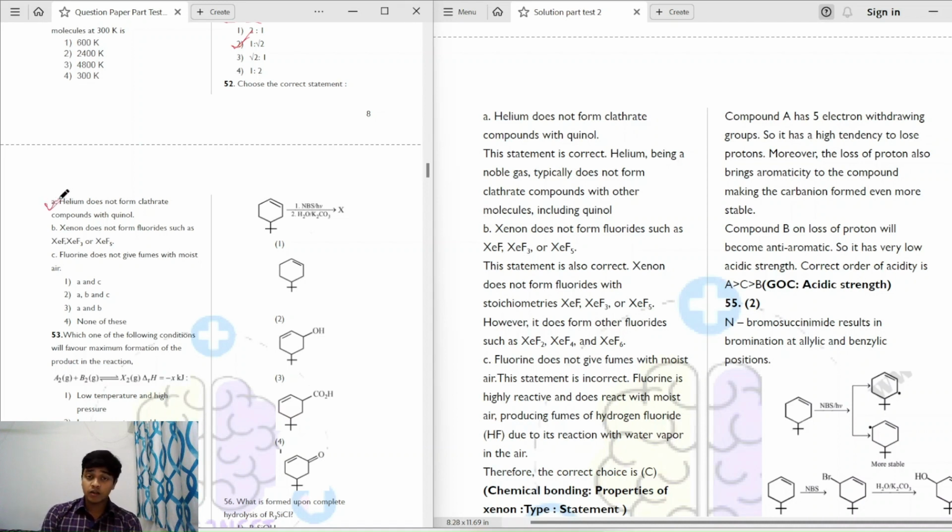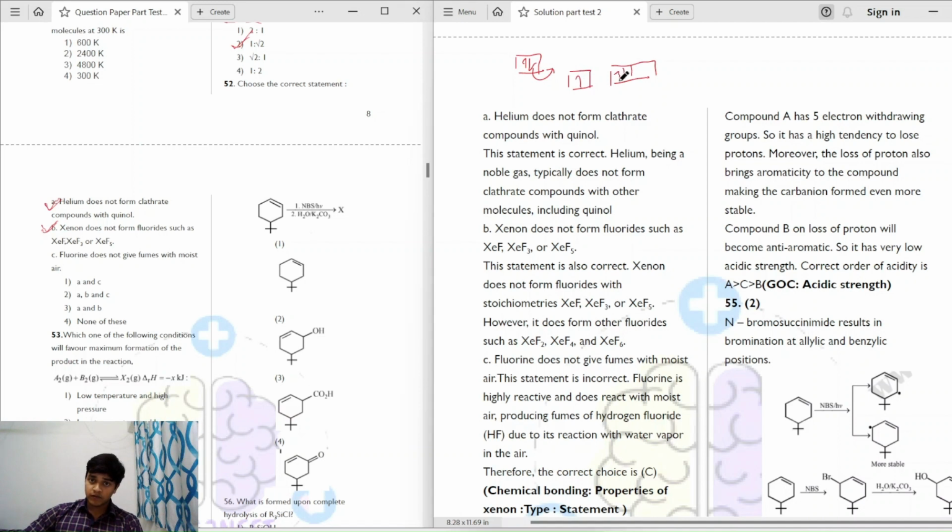If we take a look at statement B, it says xenon does not form fluorides such as XeF, XeF3 or XeF5. This statement is also true. Why? I'll just discuss it. As we know, xenon has eight electrons in its valence shell, so it has a complete octet. For forming a bond, the paired electrons have to be unpaired, right?